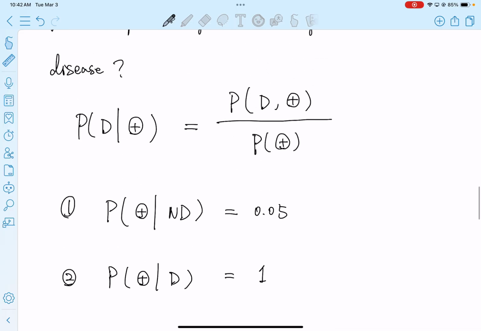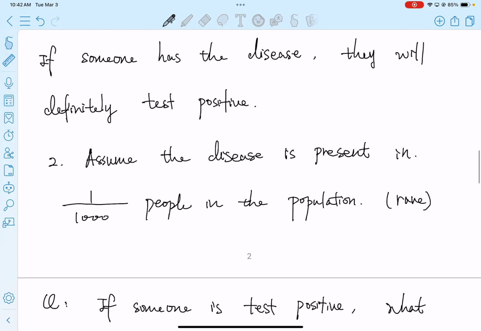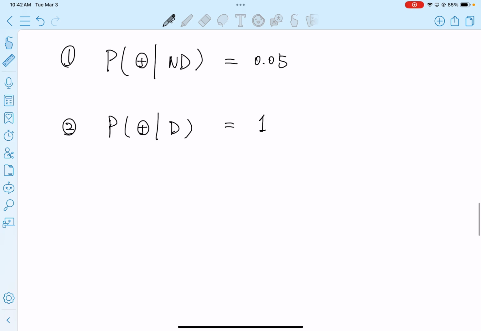And we also have the third piece of information: assume the disease is present in 1 over 1,000 people in the population. Rewriting this in mathematical language, it is P of D. This only involves the component of having a disease or not, so we can write it as a marginal probability, the P of the disease in the population.